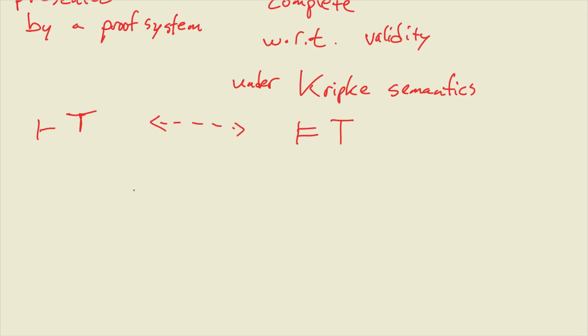Kripke semantics was proposed by Saul Kripke, a really great logician and philosopher who had a number of just amazing, interesting ideas. I actually had the opportunity to see him give a presentation. Goodness, it was 20 years ago now, or something like that, when I was a grad student.